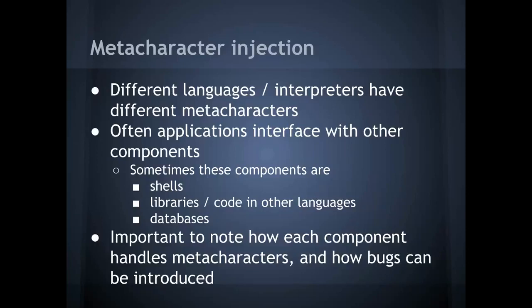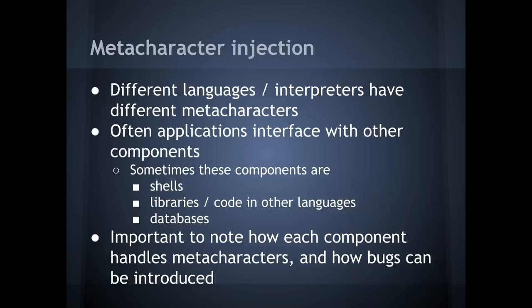Different languages, or rather interpreted languages, such as when the web server is running a PHP interpreter or Python or Perl or CGI, have different meta-characters that trigger parsing to behave different ways, whether it starts parsing data as, okay, the rest following this character is now a command, or whether this is a new string, or whether this is a directory traversal metacharacter.